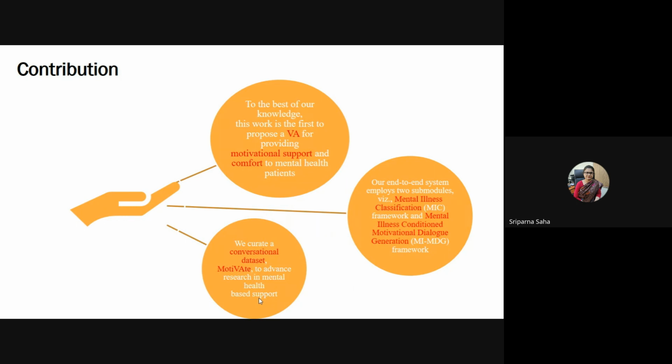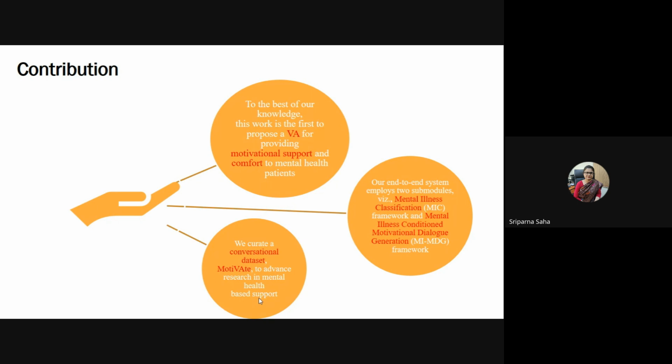One is the mental illness classification. In the first stage, suppose you are talking to a patient who is suffering from some mental disorder. You have to classify what the mental disorder type is, whether the patient is suffering from depression, anxiety, or bipolar disorder.